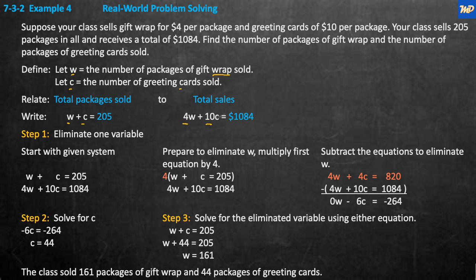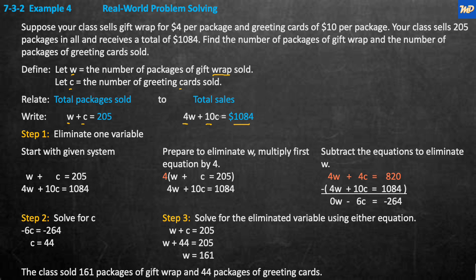And then we can say plus $10 per each package of greeting cards. So 4 times W plus 10 times C, 4 times the number of wrap packages, plus 10 times the number of card packages is going to equal $1,084.